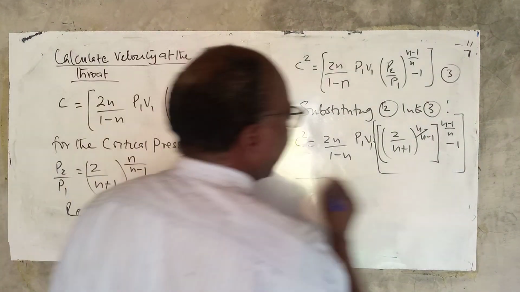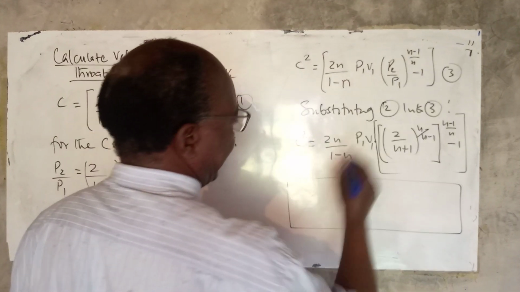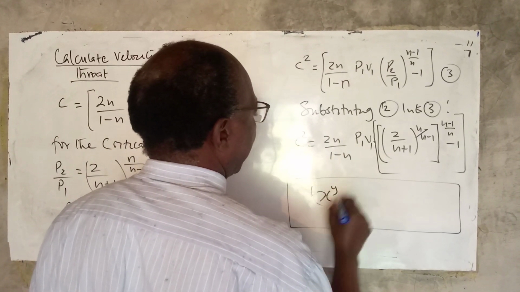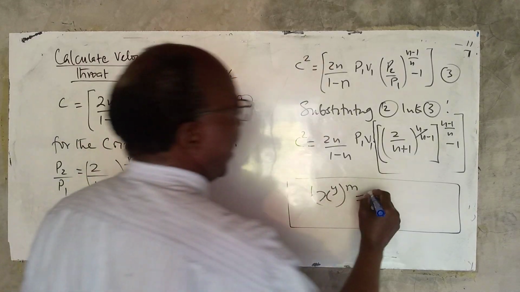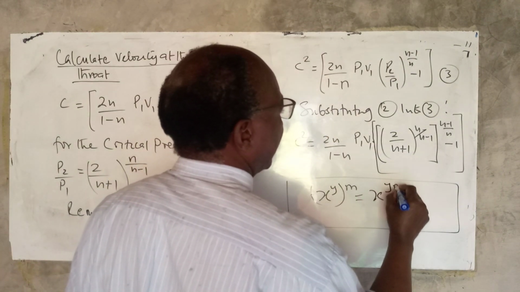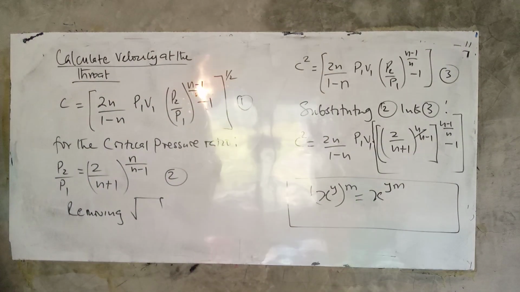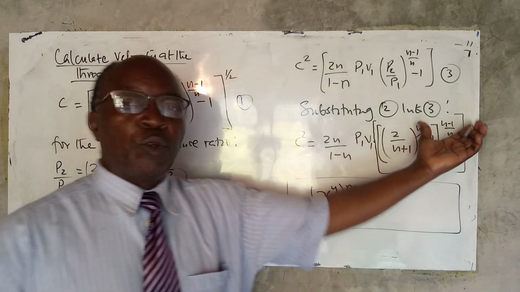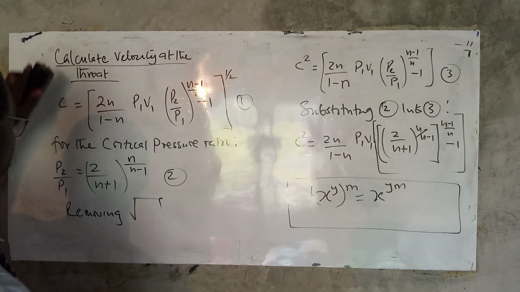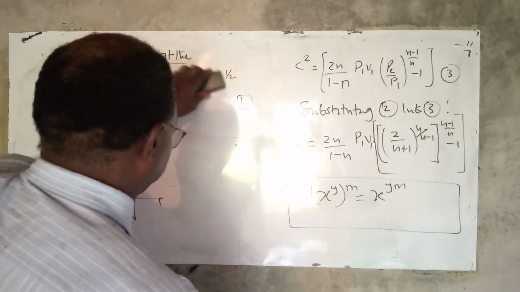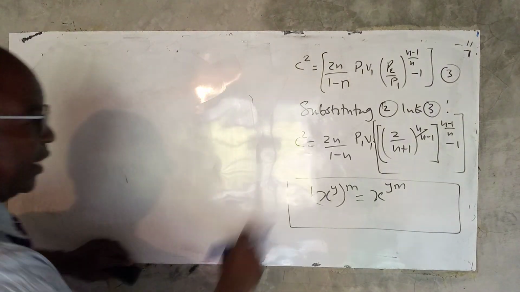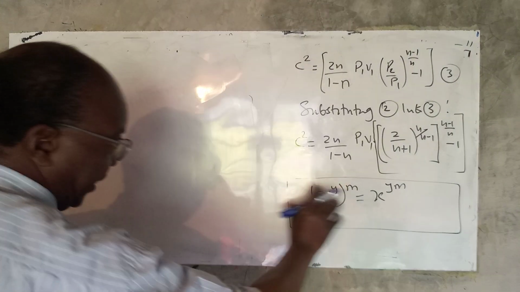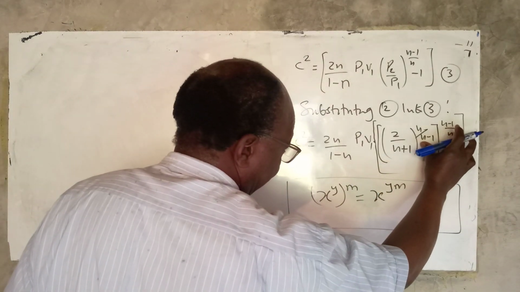And we are still using that identity which we talked about last time. If you have x to the y raised to power m, that is the same as x to the power y times m. That's the identity which we'll apply here to simplify our index. So using this identity, we will simplify this expression.